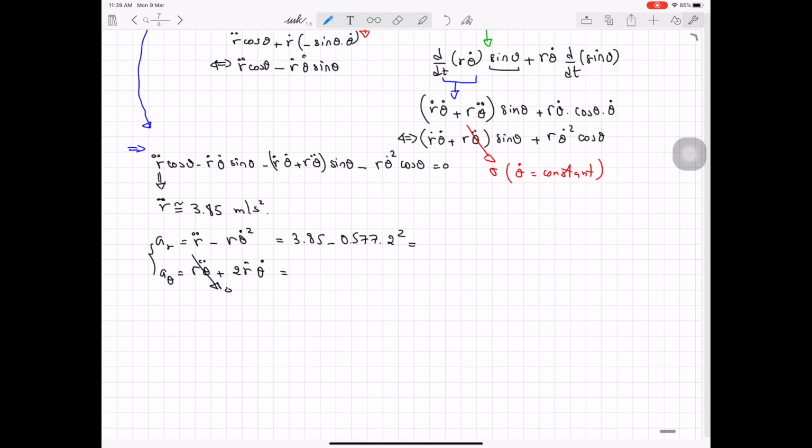This gives me about 1.54 meters per second squared. Likewise, A theta is equal to R theta double dot, which is 0, plus 2 times R dot, which we just calculated, equal to 0.67, times theta dot, which is 2 radians per second, and this gives me almost 2.67 meters per second squared.